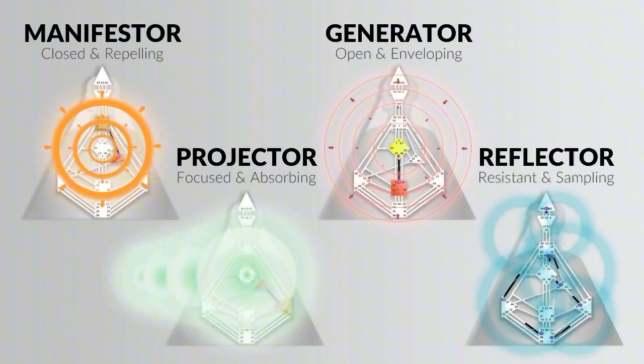A manifestor in that sense has no mechanical strategy. It has a political strategy, a survivor's strategy, based on its mechanics. But it is not strategy in the way that response for a generator is their true strategy.